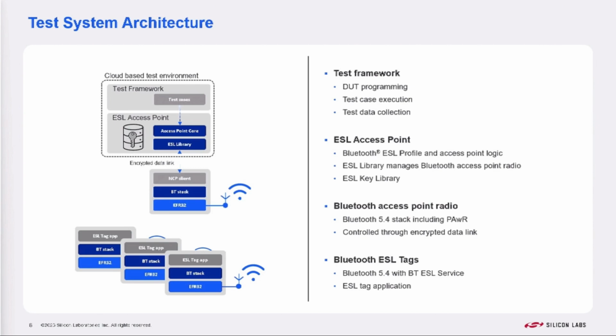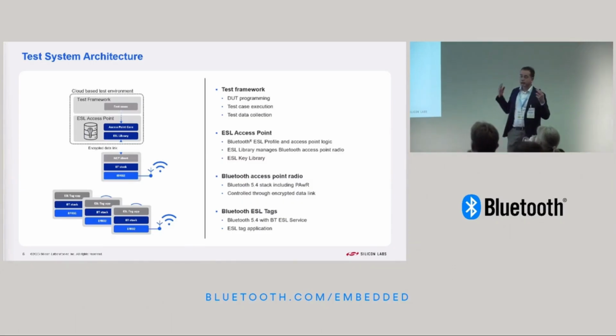Of course, you have the test setup, the DUT programming, all the test case execution, data collection back, and so on. And then we have the ESL access point. So we have the access point core, and then the ESL library that is running the Bluetooth ESL profile and mastering the radio.